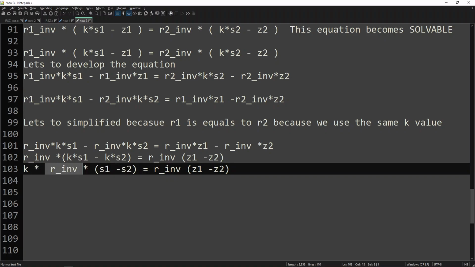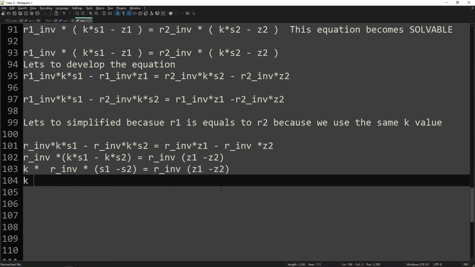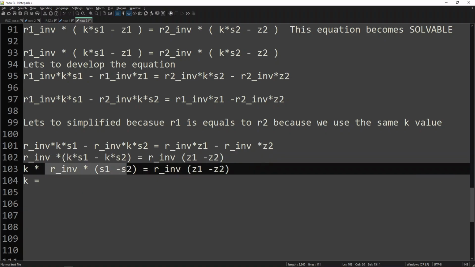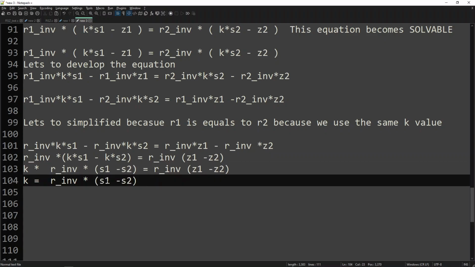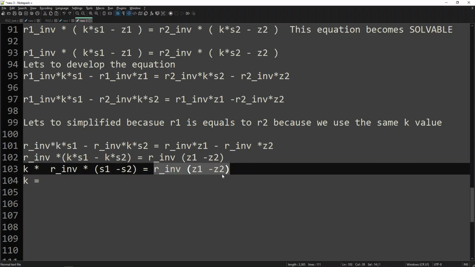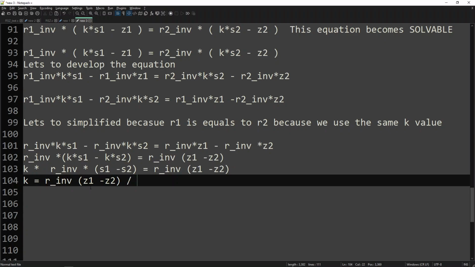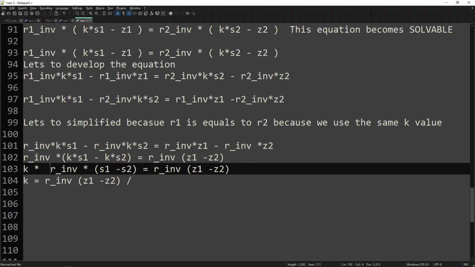We can pass this part dividing. So k is equal to this value. Oh no, sorry, this value between this other value.